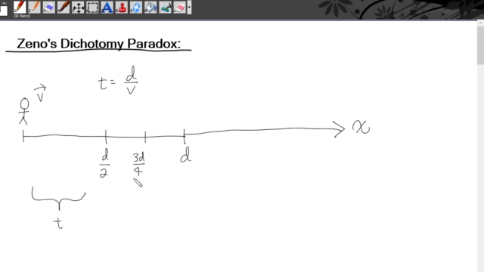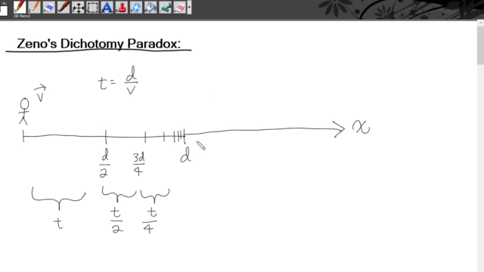Okay, now let's say he travels d over 8. And so this takes another finite amount of time, which is t over 2, since he's traveling at constant velocity. And this takes another finite amount of time, which is t over 4. And then let's say he travels d over 16, and then d over 32, and then d over 64.